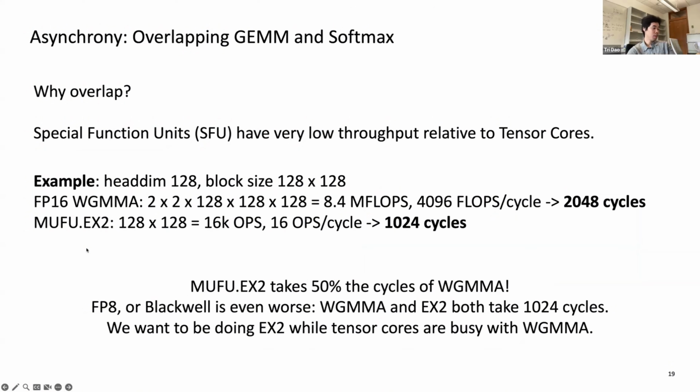The reason is, and I'm speculating here, that the hardware is designed about 2 to 4 years before it's out. When they designed Hopper and Blackwell, which was probably 2 or 3 years ago, they weren't thinking about attention as much. They weren't really working out how long the matrix multiply is going to take and how long the exponential is going to take.